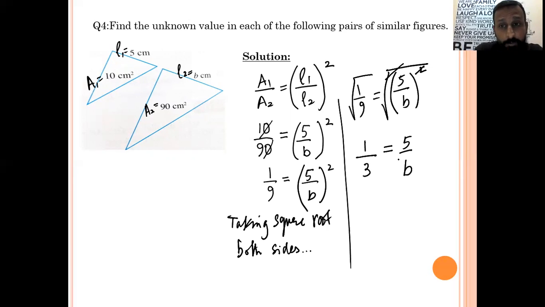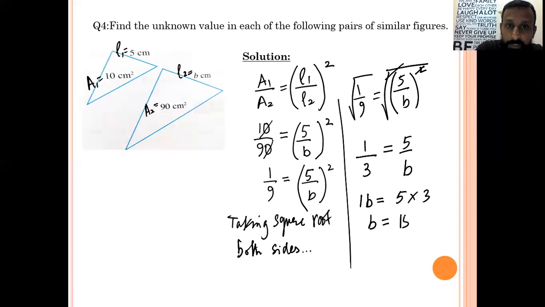Now what was unknown? B is unknown. Cross multiply the two denominators on the other sides. B is equal to, or 1b is equal to 5 multiplied by 3. Finally, I found that b is equal to 5 threes are 15 centimeters.